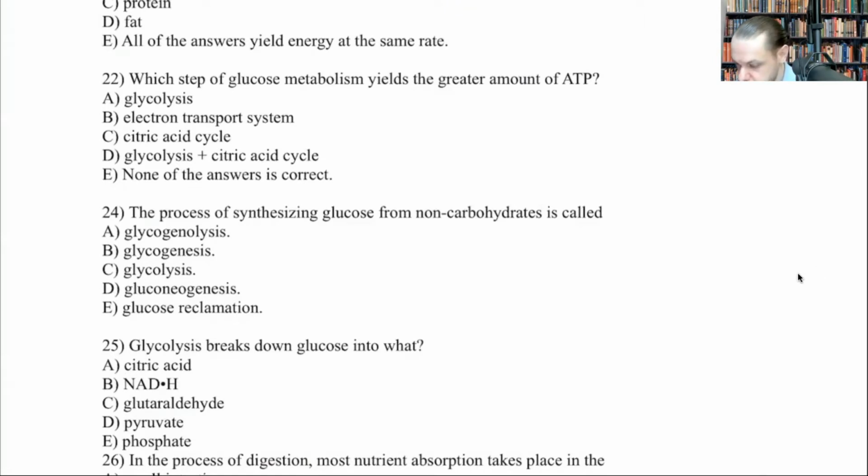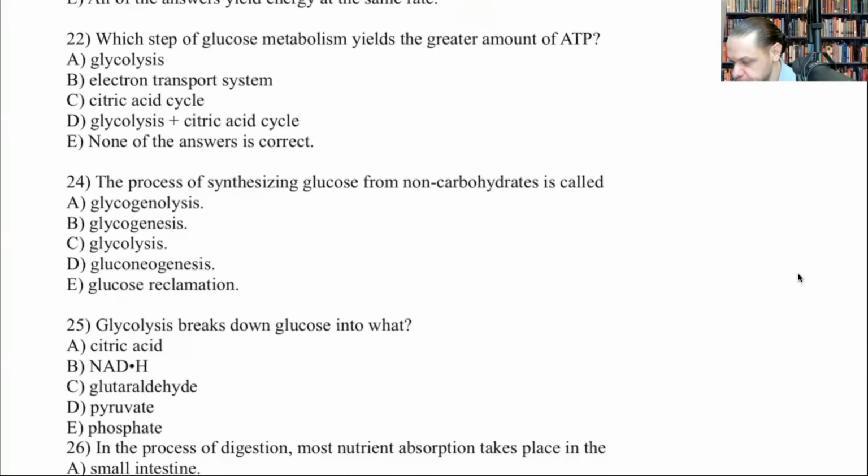Sure. 22. Which step of glucose metabolism yields the greatest amount of ATP? The greatest is going to be combined glycolysis and citric acid cycle. But is the citric acid cycle where you actually make the boatload of ATP, or is the citric acid cycle where you make these guys? That's where you make those guys.